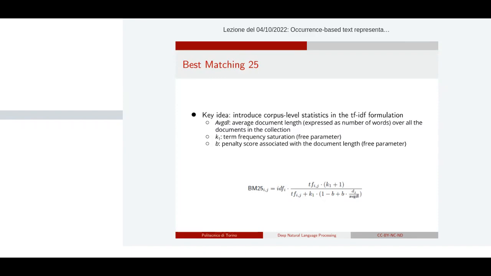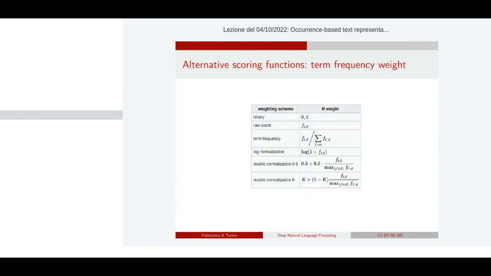Is it the only option you have? Of course not. Basically, the standard approach is to define, based on your needs, a term frequency term and a document frequency term, and then combine the two.